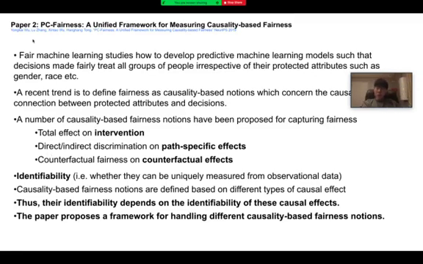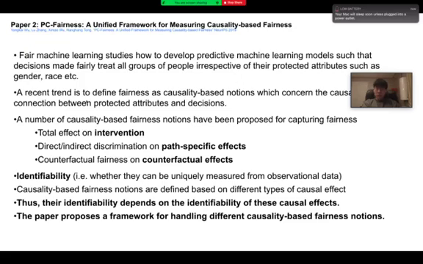The second paper that I reviewed was PCFairness, a unified framework for measuring causality-based fairness. To give some background, fair machine learning studies how to develop predictive machine learning models such that the decisions made fairly treat all groups of people, irrespective of their protected attributes such as gender and race.